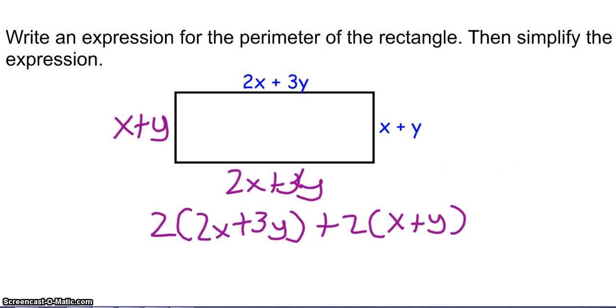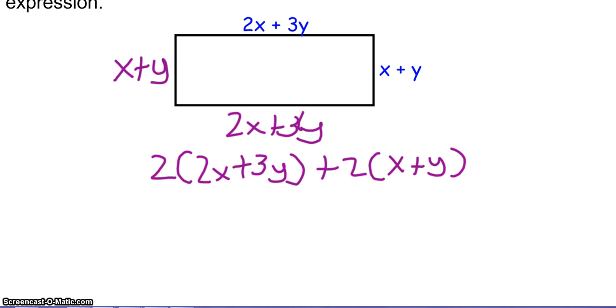Next we would distribute. Okay, so now we can use the distributive property to continue to simplify the expression. So 2 times 2x and 2 times 3y will give me, just multiply the coefficients. The variables remain the same. So 2 times 2 is 4x plus 6y.